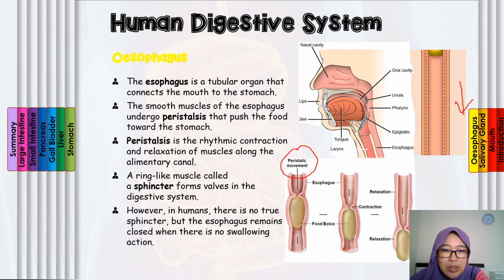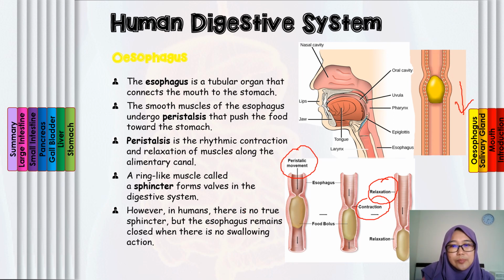Peristalsis is the rhythmic contraction and relaxation of the muscles along the alimentary canal. A ring-like muscle called sphincter forms above in the digestive system. However, in humans, there is no true sphincter, but the esophagus remains closed when there is no swallowing action.